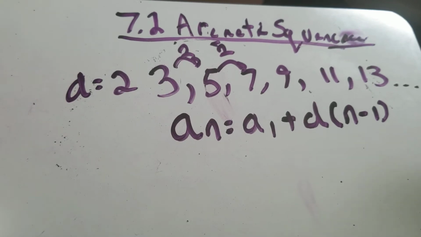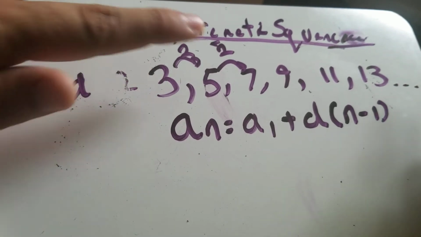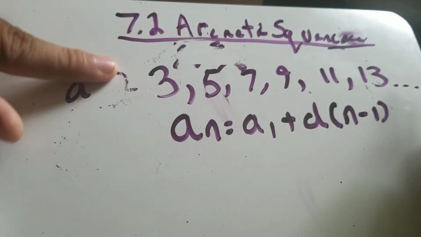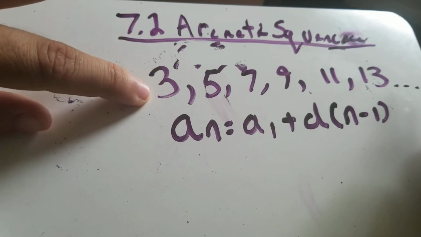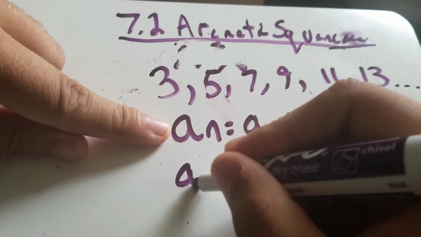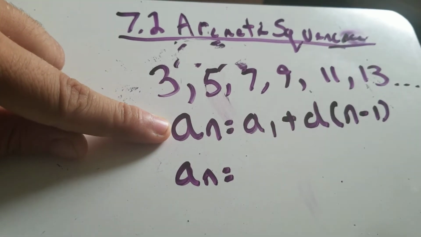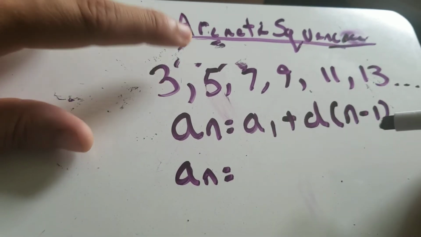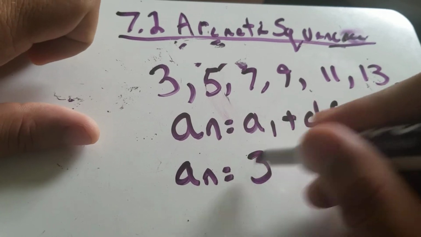So instead of just saying what it is, let's do an example. First, I want to figure out the equation for this sequence. Starting at 3, it's 5, 7, 9. So A of n is going to be generic; we're just finding the generic equation. A of 1 is the first step, so that's going to be 3.